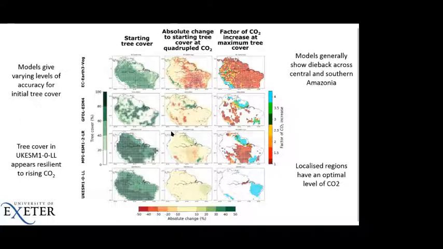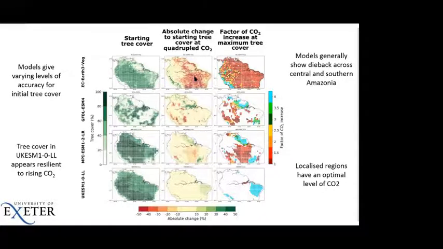Now the middle column is our absolute change from this starting tree cover by the end of the run, or equivalently when we've reached quadrupled CO2. You notice in the top panel, the EC Earth model, we have this widespread dieback of tree cover. Maybe this isn't too surprising due to the high climate sensitivity that the model has.